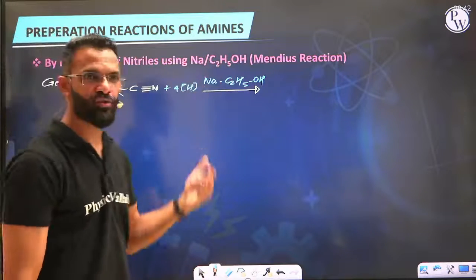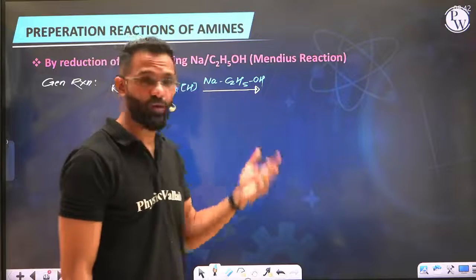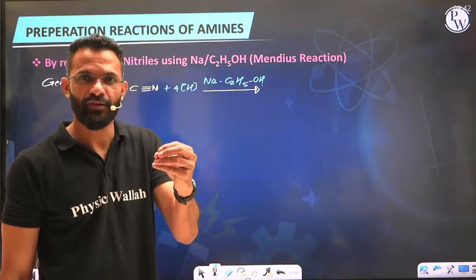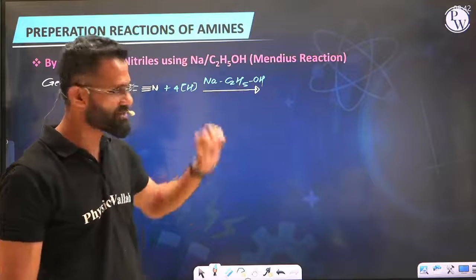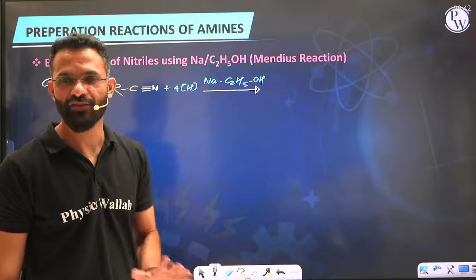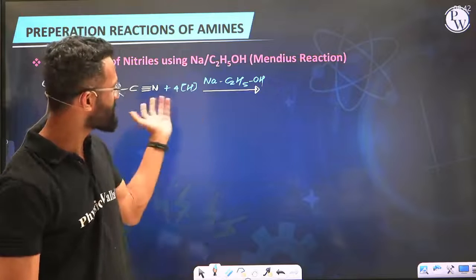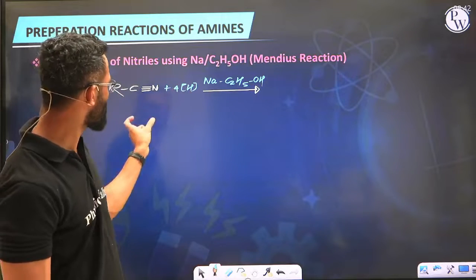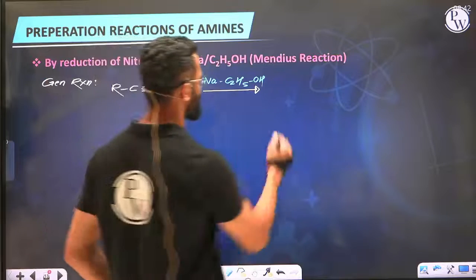In general, the role of metal and acid: we know the metal donates electrons to an atom, makes that atom electron rich. That rich atom then accepts H. So basically you're carrying out addition of H only. So it's a reduction, but for the representation you can put it this way. Imagine these 4 H's symmetrically added across the carbon-nitrogen triple bond.